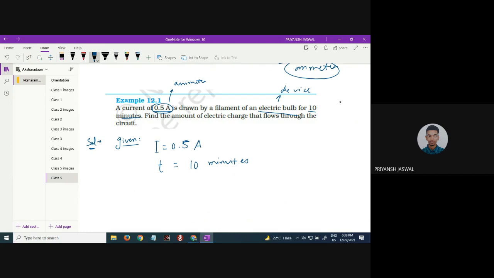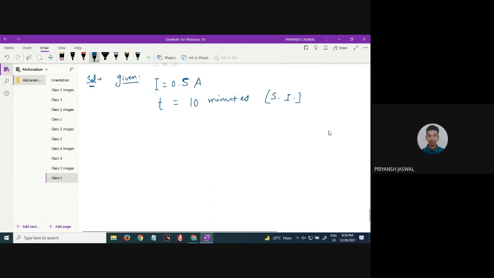So we have to convert this 10 minutes into SI units also, because our current is in SI unit. So how will we do it? The formula is that current is charge per unit time. So this implies that charge is current into time. So charge is here 0.5 amps, time is 10 minutes, and 1 minute is equal to 60 seconds.